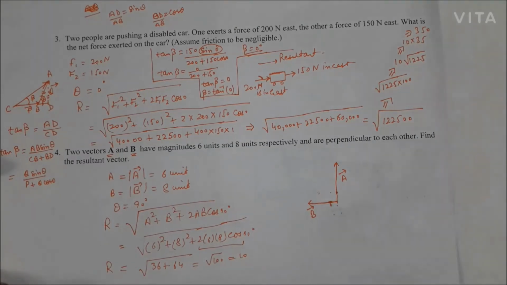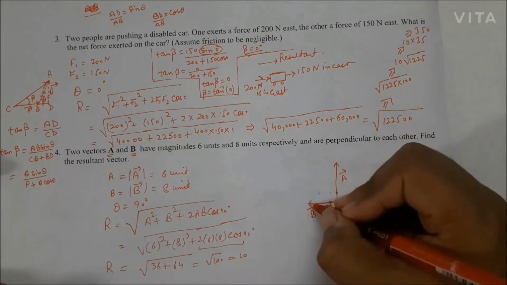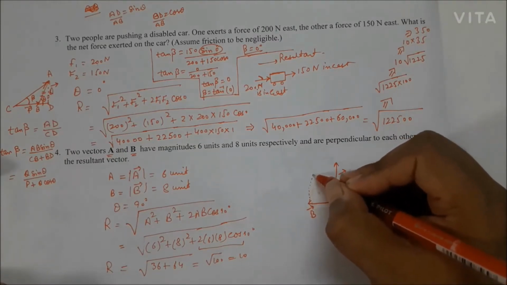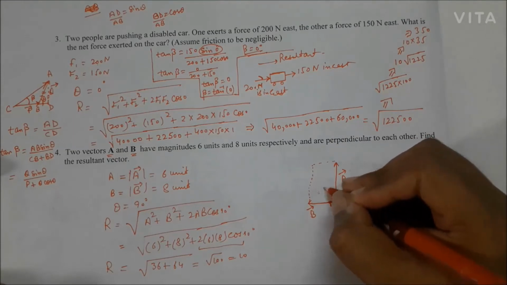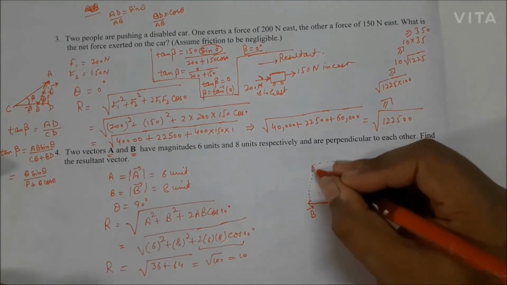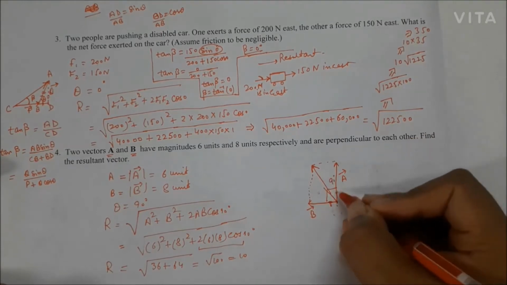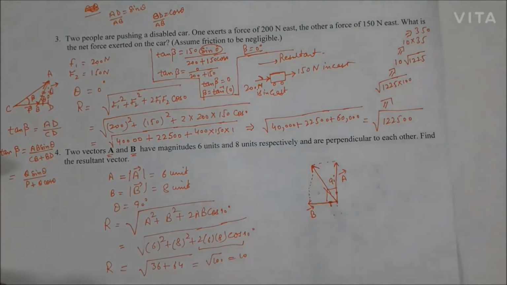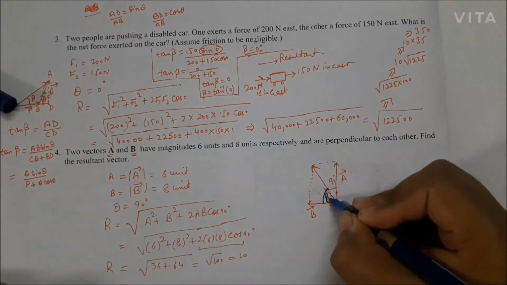Now what will be the direction of resultant? Now these two vectors are mutually perpendicular to each other. Now try to complete a parallelogram here. Now resultant is given by this diagonal. Now the angle between them is 90 degree. Now you have to find out this angle, beta.